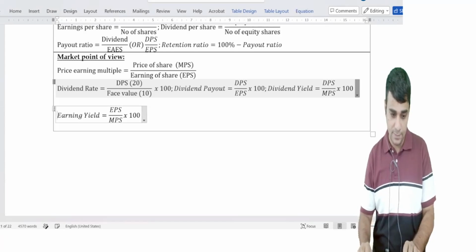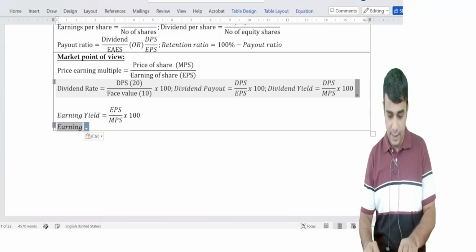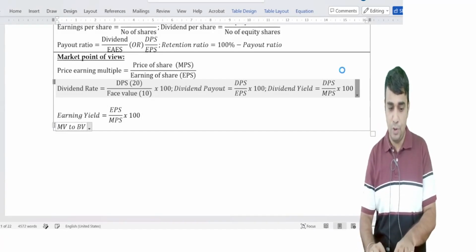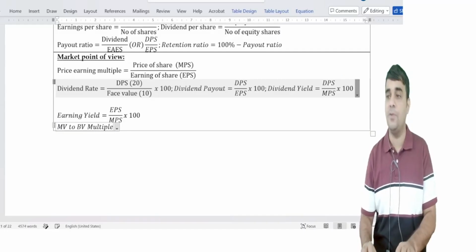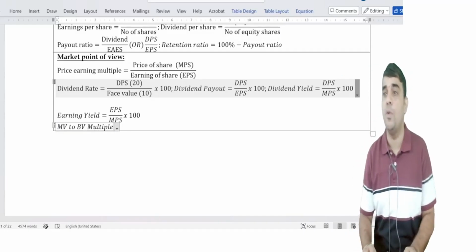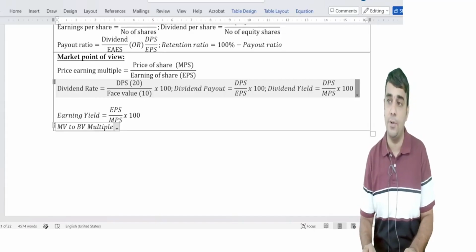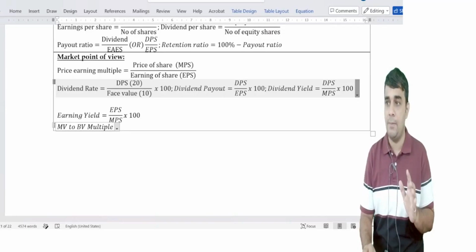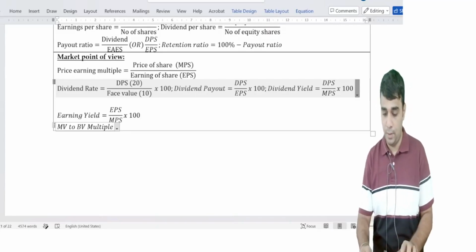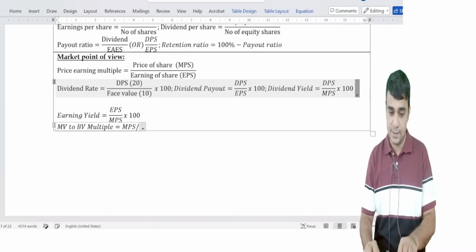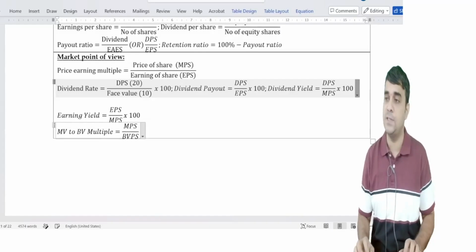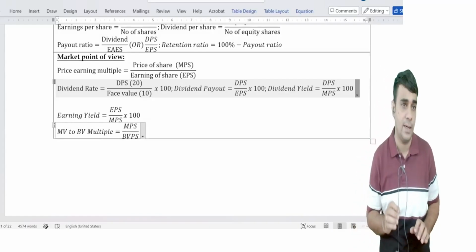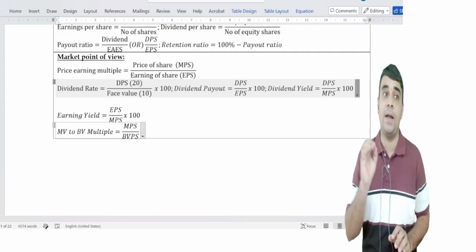The next one is the MV to BV multiple, market value to book value multiple. It is very rarely asked in exams, but very much used in the practical world. The formula is MPS by BVPS. BVPS is book value per share, and MPS is market price per share.